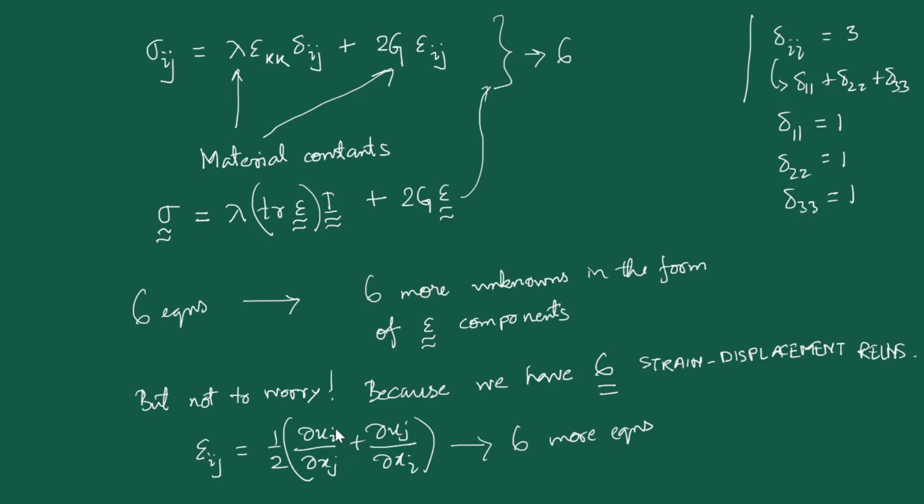So the new thing that we have really introduced is basically these relations. Okay, so these are the constitutive relations. So you can write this here: the 6 stress strain relations are the constitutive relations.